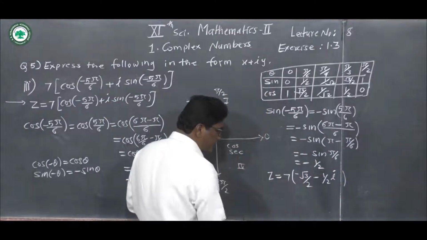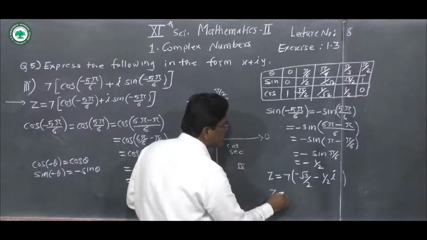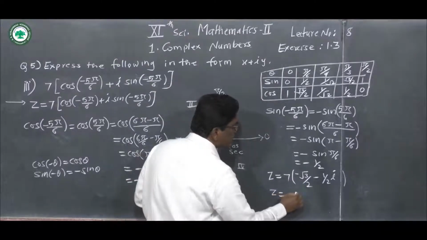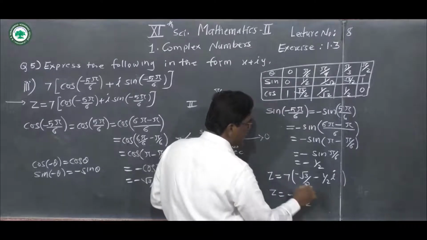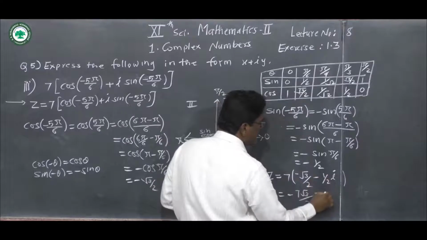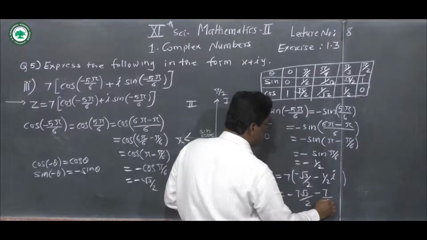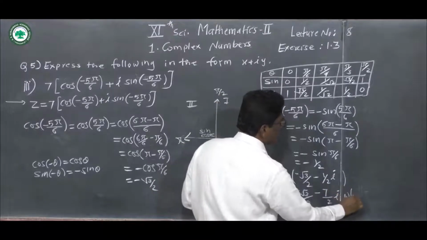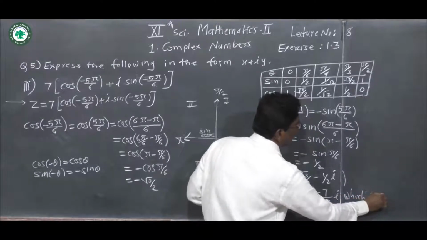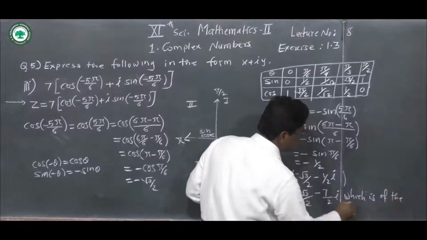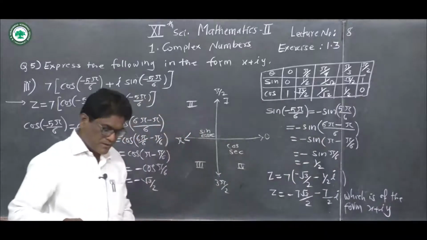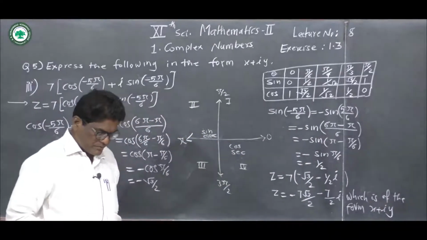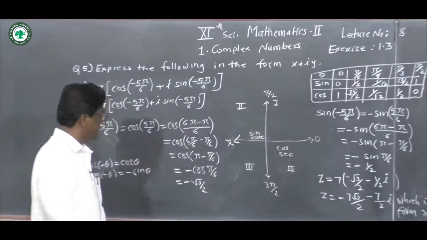Now multiply by 7 inside the bracket. So we get z is equal to minus 7 root 3 divided by 2, minus 7 divided by 2 i, which is of the form x plus iy. So this is the solution of the third problem.